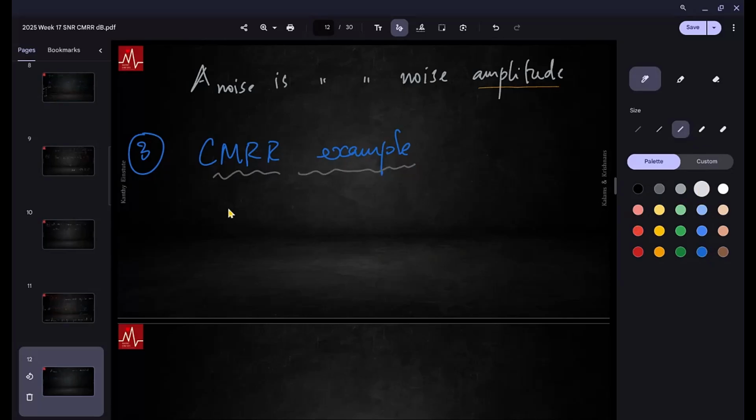So your 20 millivolt DC with 10 millivolt RMS noise, doing some kind of processing.